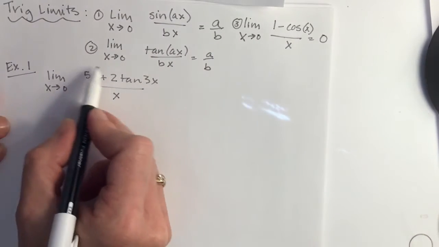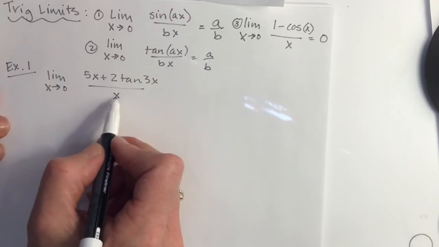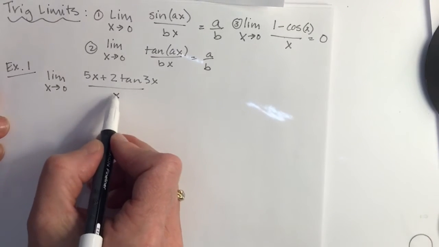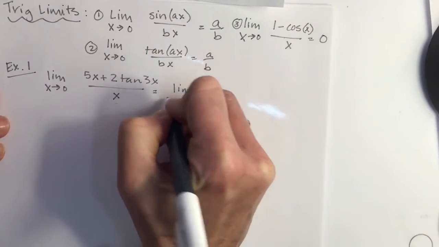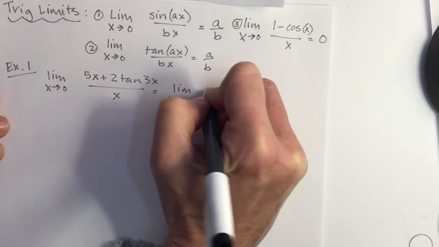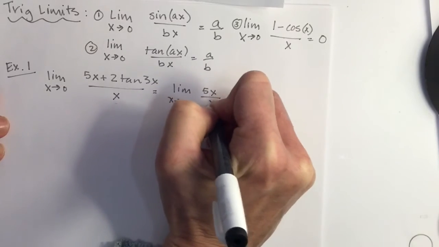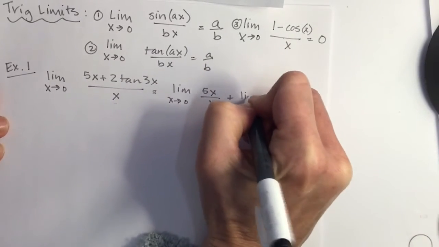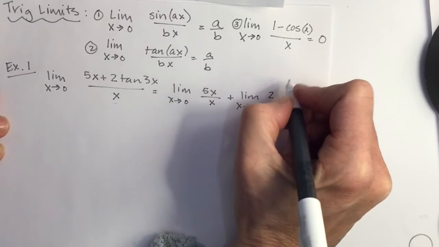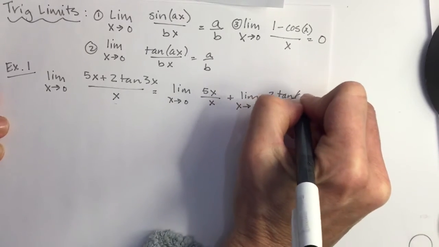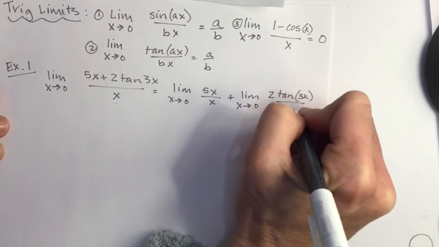Okay, so this one, we can split up any fraction with this common denominator, right? So we can say this is the limit as x goes to 0 of 5x over x plus the limit as x goes to 0 of 2 tangent 3x over x.